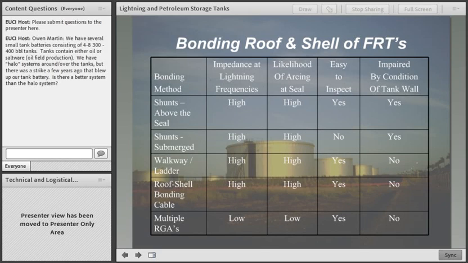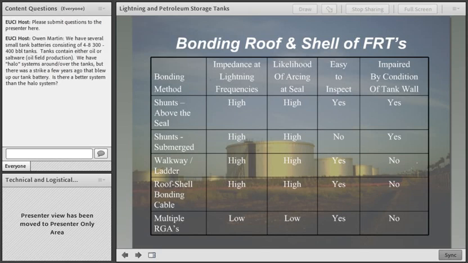However, now they are submerged, so they're difficult to inspect because they're out of sight. They also have a high impedance, but in theory, if arcs were to occur, these arcs would be under the surface of the liquid where no oxygen is present, and so there would be no risk of ignition.